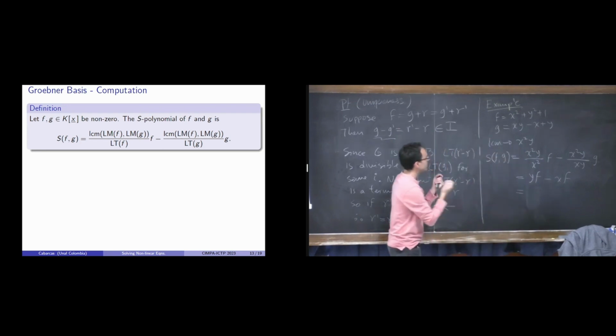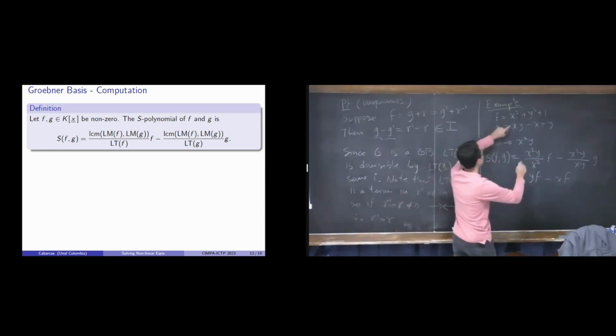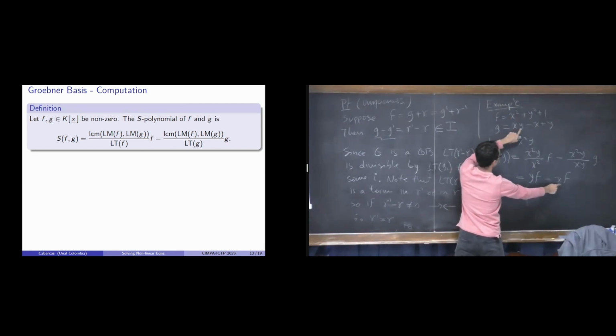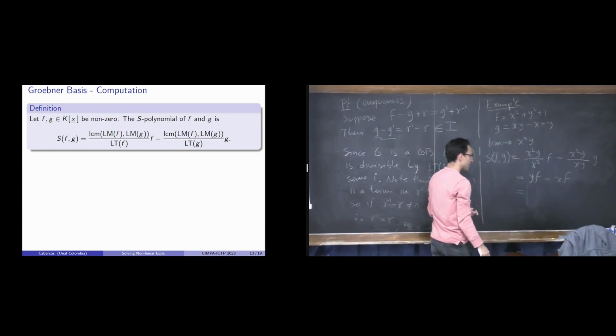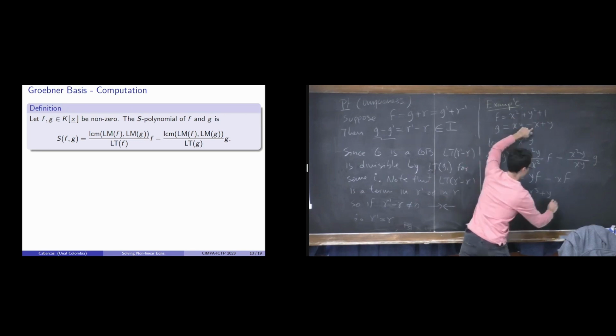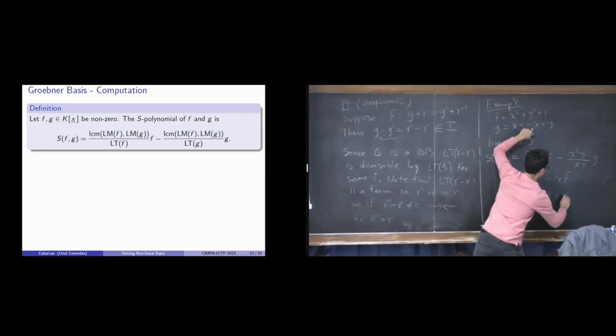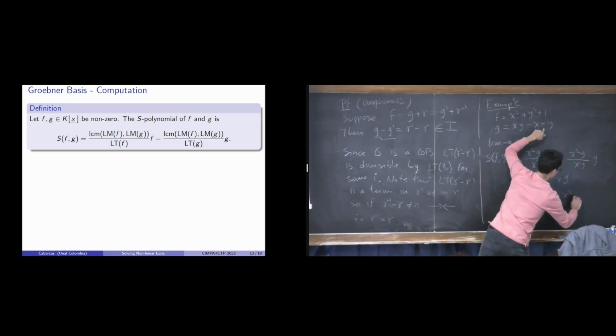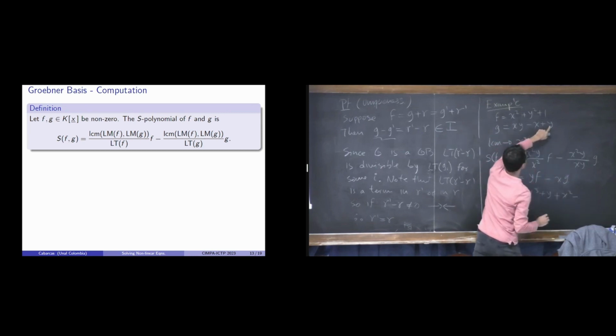So we're going to get cancellation on the leading terms, and we're going to get the rest. y times F would get us y x squared, and then here we're going to get x squared y, and the leading terms cancel. And so what we get is just the rest of it, which is y cubed plus y plus x squared minus xy.